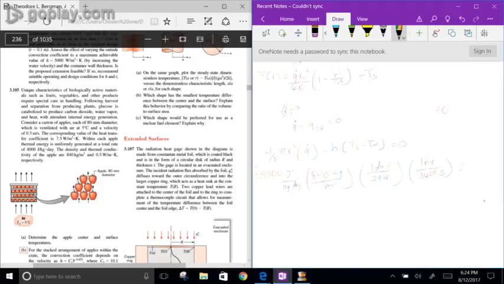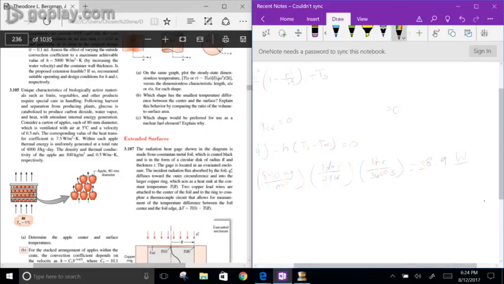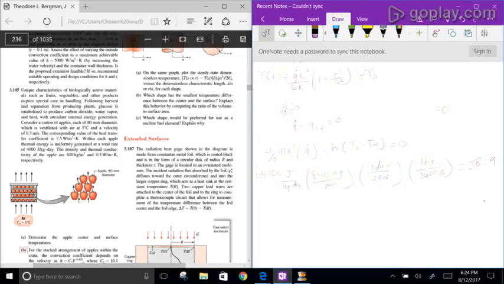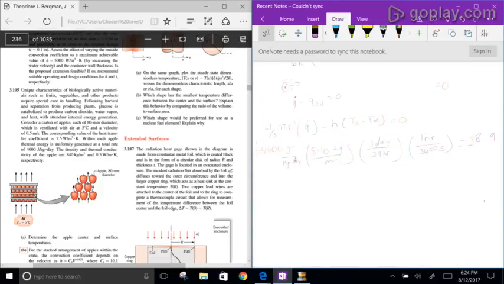I probably should write q dot equals. Let's do this real quick: 4,000 times 840 divided by 24 divided by 3,600 equals 38.9. That gets us joules per second, which is watts per meter cubed. They gave us the diameter, which is 80 millimeters, but we can divide it to get 40 and then convert it to meters.